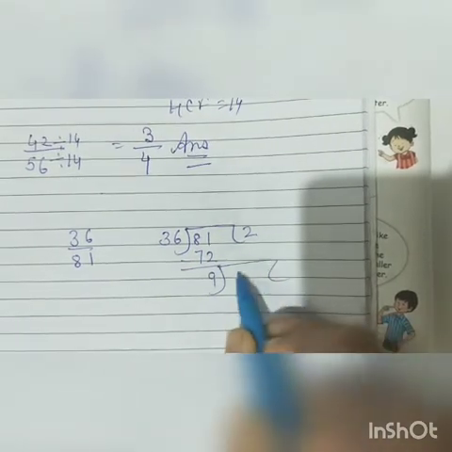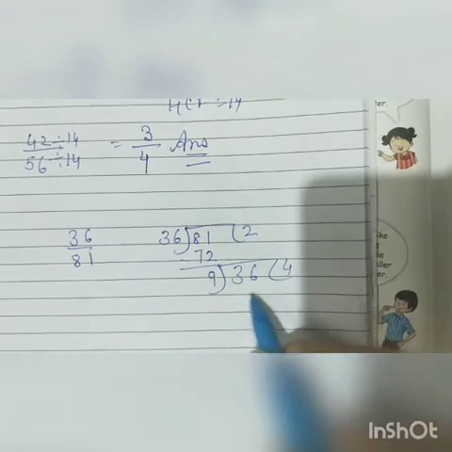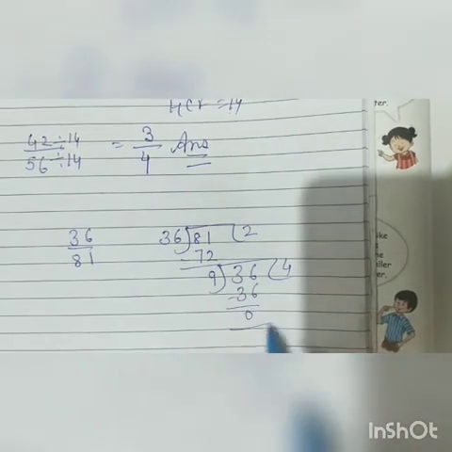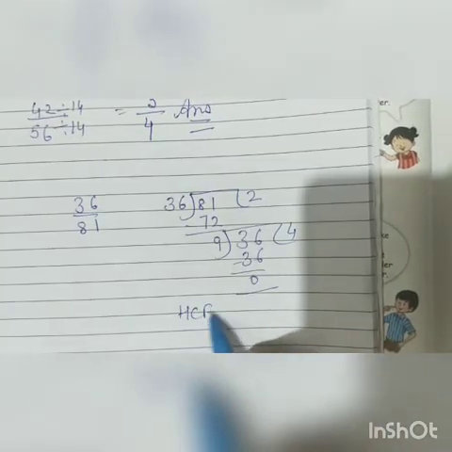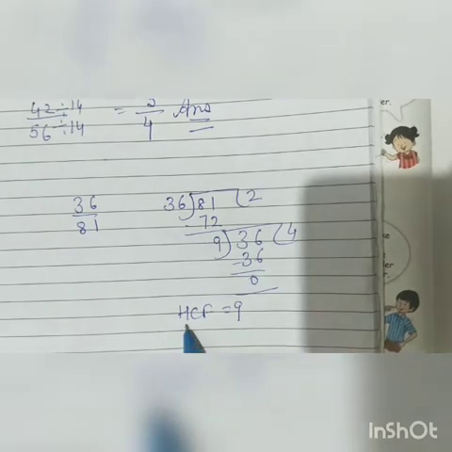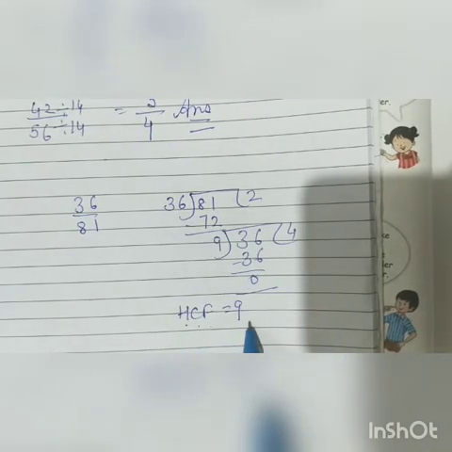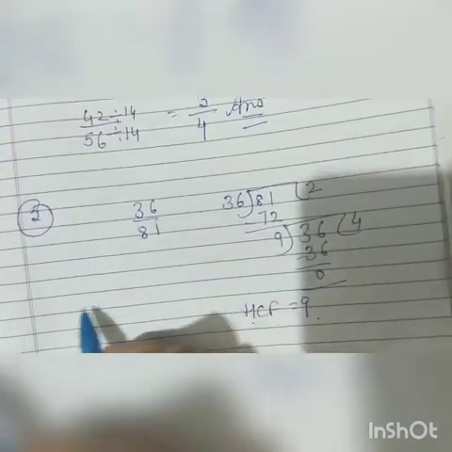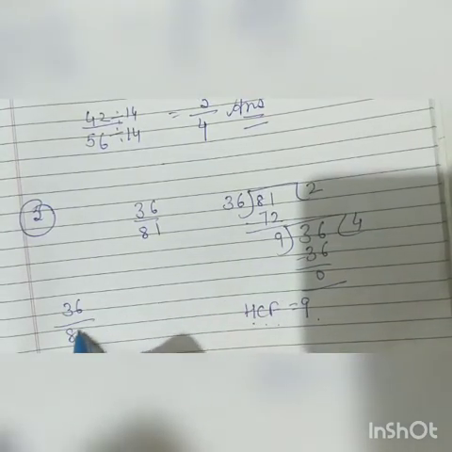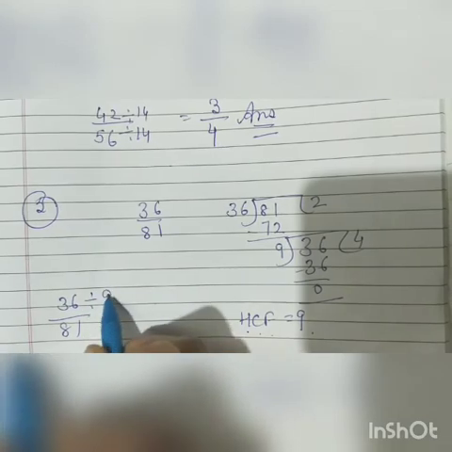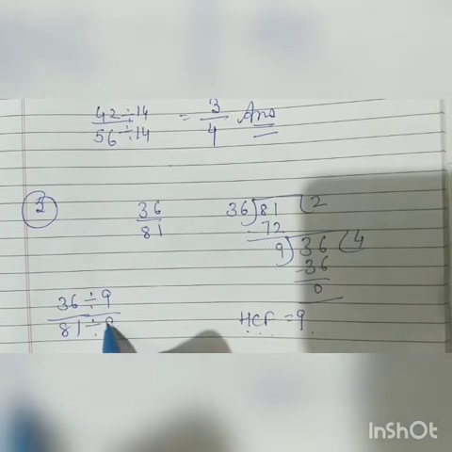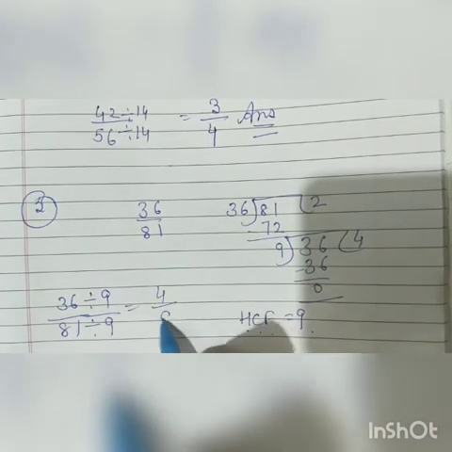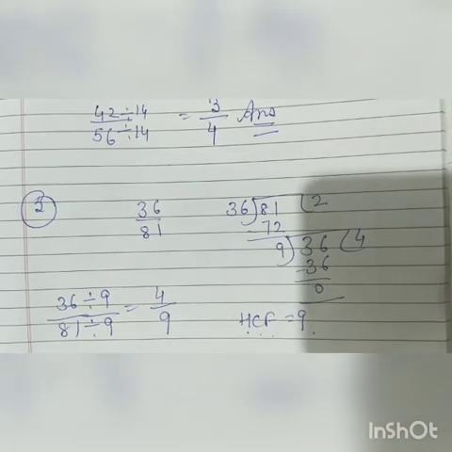The remainder is 9. 9 4s are 36. So the HCF is 9. We will divide 36 by 81 by 9, the highest common factor. So what is the lowest term? It will become 4 by 9.